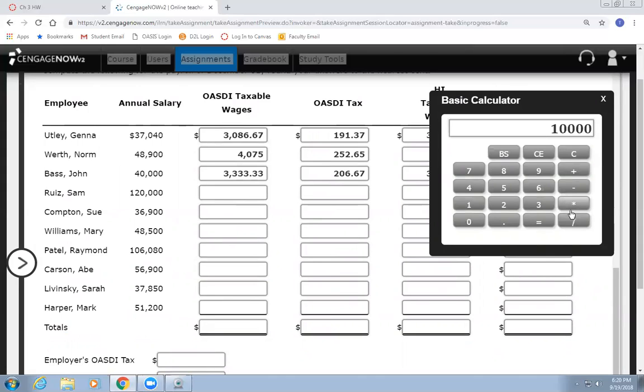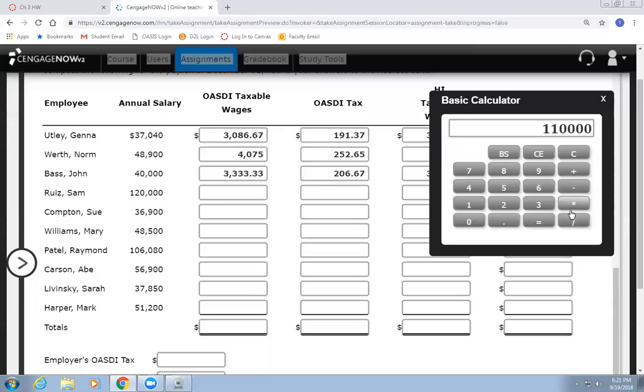We've paid him to date for 11 months, so his gross pay up until this last pay period is $110,000. If the limit is $118,500, then $8,500 of his pay will be subjected to taxes.